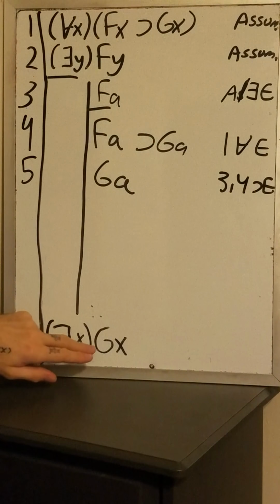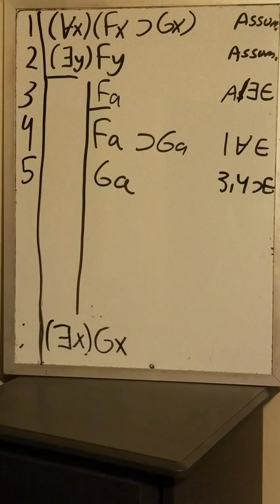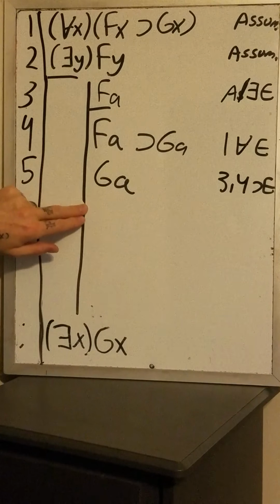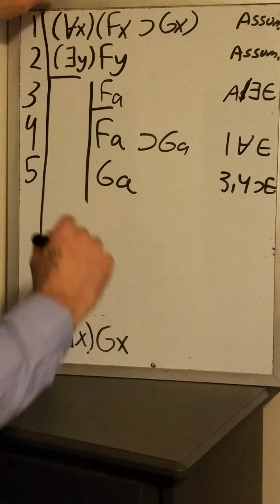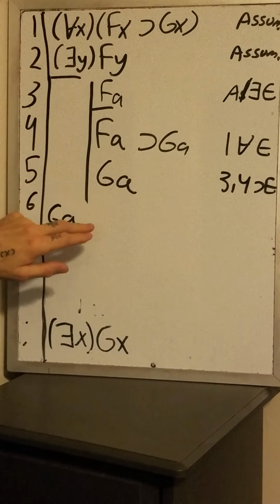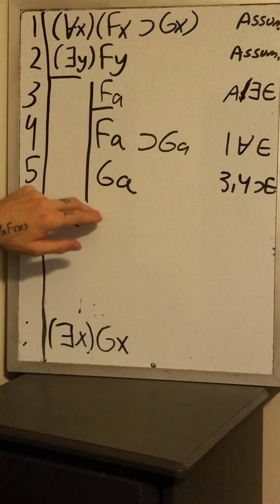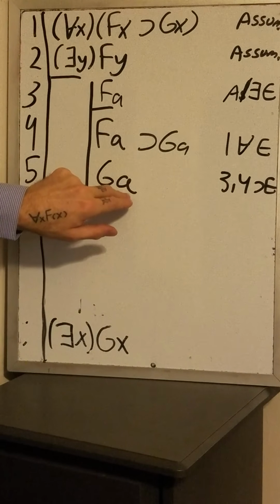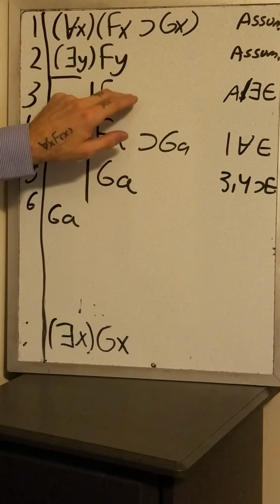So we're trying to get this, and we can't stop here and just pull GA out, okay? Whatever you conclude by existential elimination can't still have the letter in it that you started the assumption with.